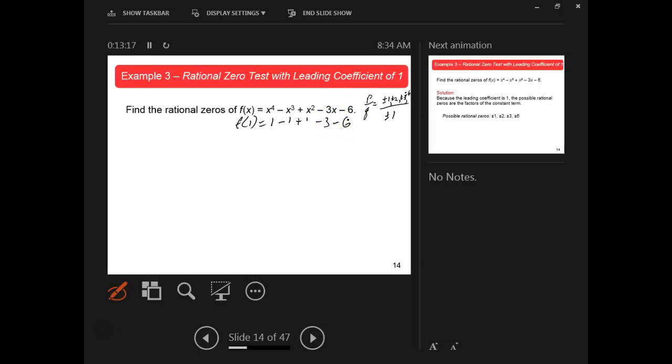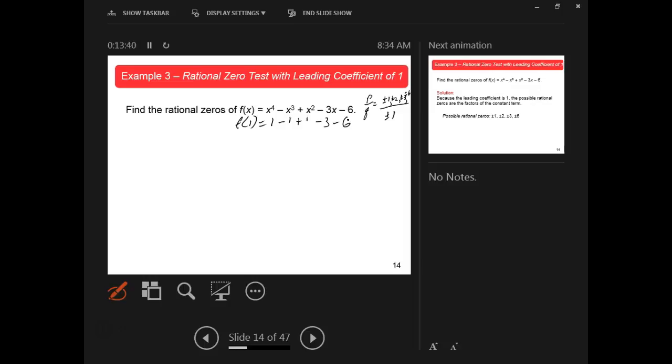That's why it's so easy to do. All you do is put down the coefficients: 1 minus 1 plus 1 minus 3 minus 6. Add those together, you get a 0? No, you don't. Okay. It's easy to check 1. It doesn't give you a rational 0.